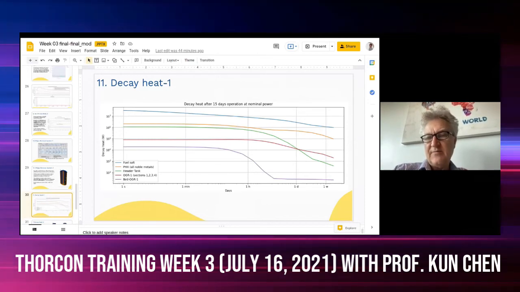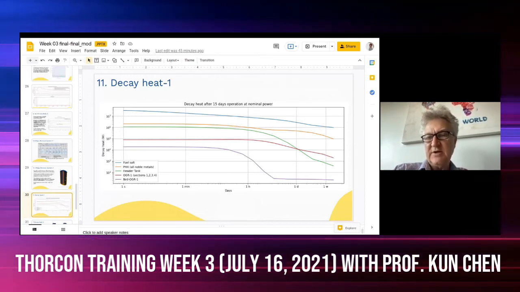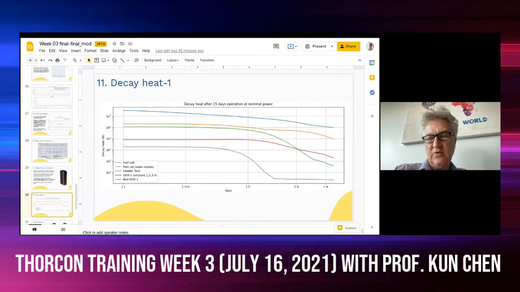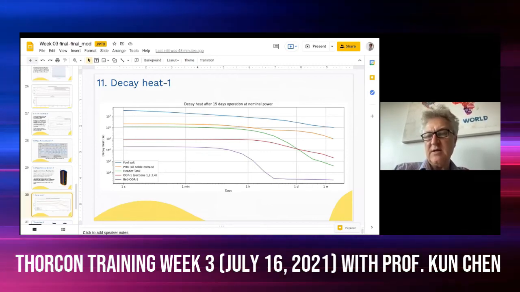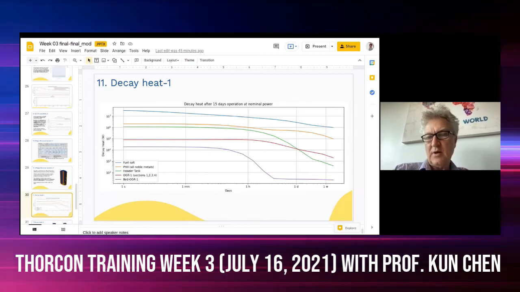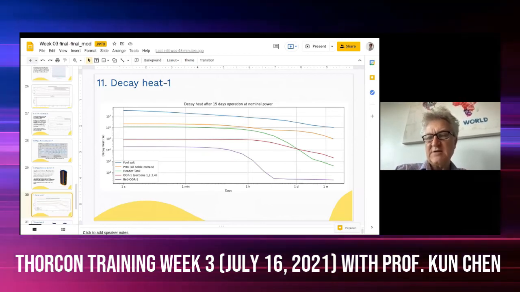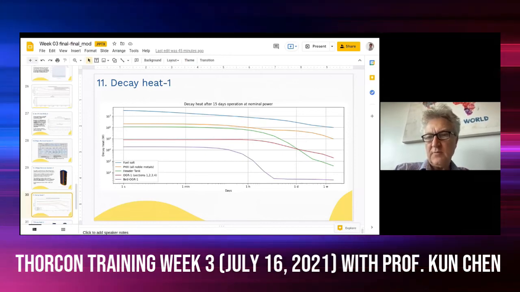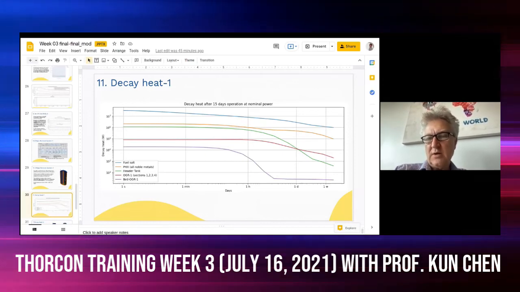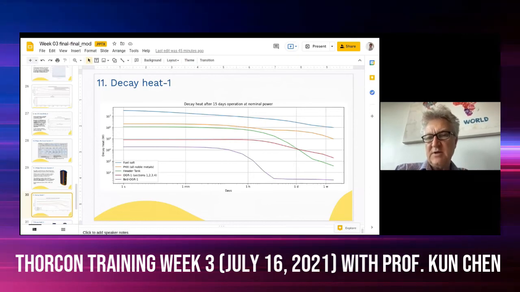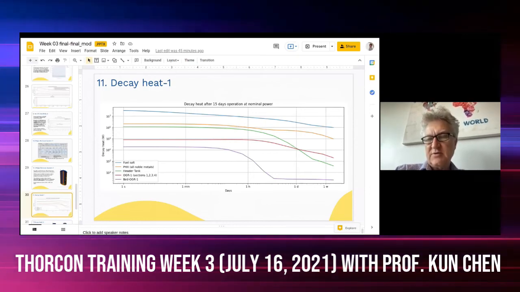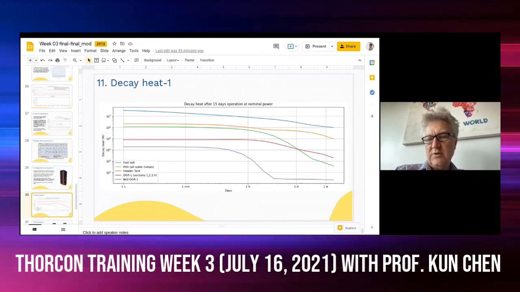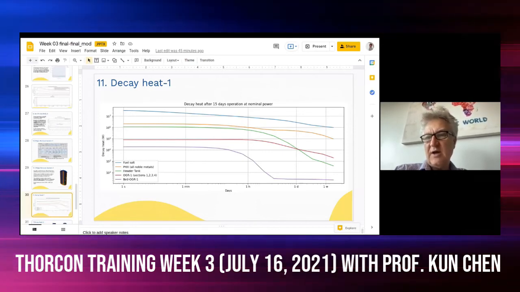If you stop the flow of the salt and it's still fissioning, it's going to heat up very rapidly. And it has to get cooled by conducting the heat through the graphite, which is a much less effective heat removal system than the salt flowing. So we don't want to have seams in the center of the graphite, in the center of the core. So that limits us to the height that we can have.